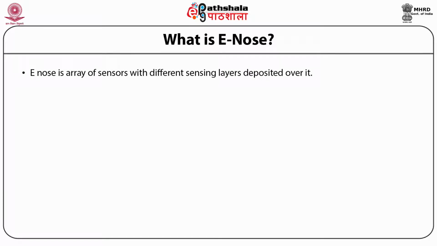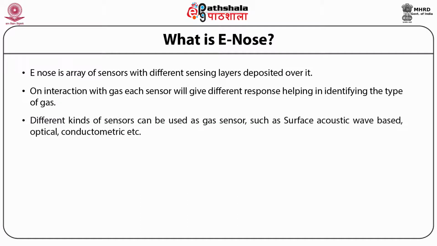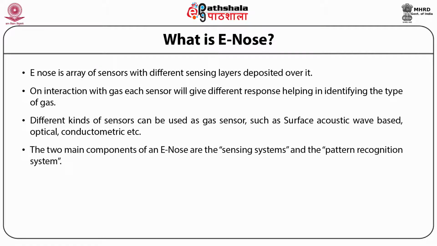ENOs is an array of sensors with different sensing layers deposited over it. So on interaction with a gas, each sensor will give a different response, helping in identifying the type of gas. Different kinds of sensors can be used as gas sensors, such as surface acoustic wave based, optical, conductometric, etc. The two main components of an e-nose are the sensing system and the pattern recognition system.